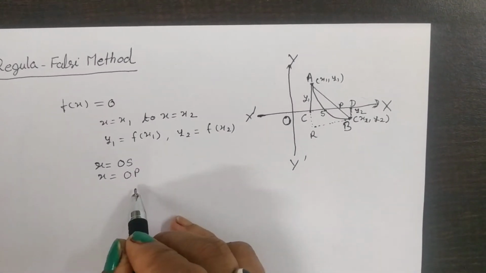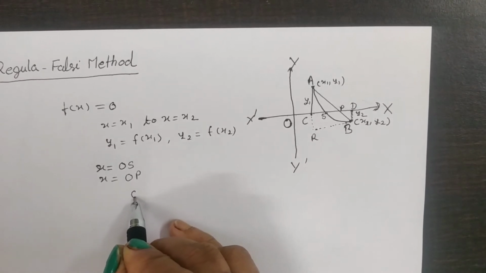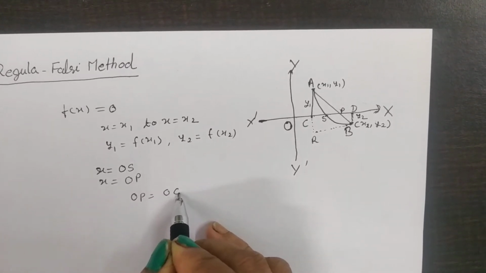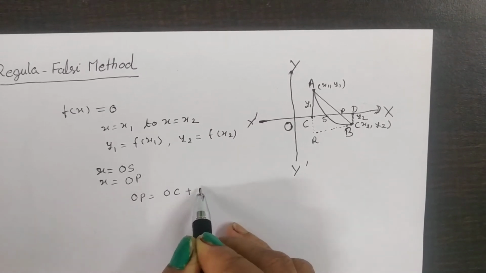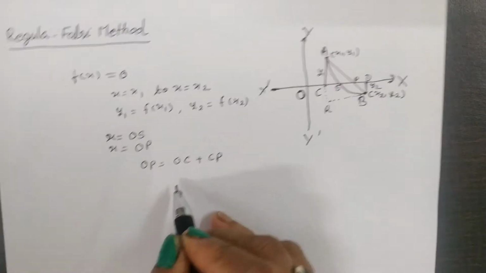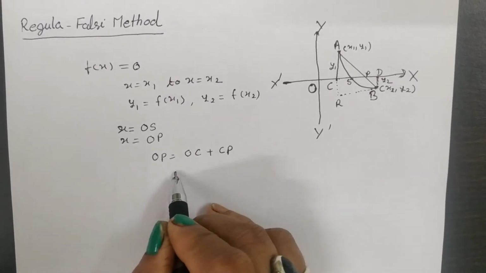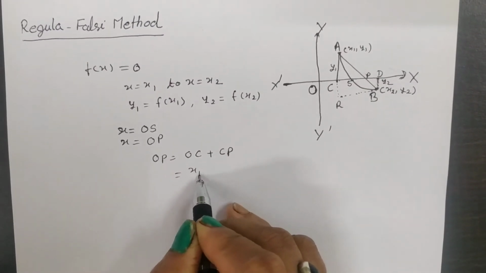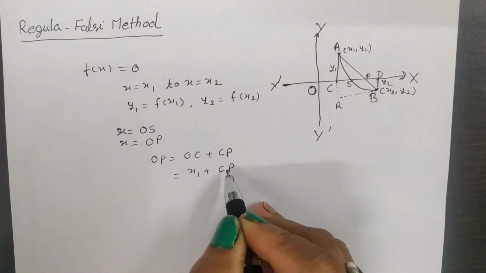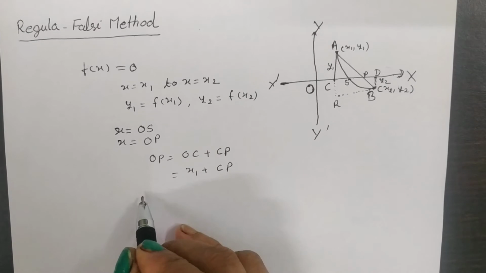So we see that OP is equal to OC plus CP, and this can be written as x1 plus CP. Now we find CP.